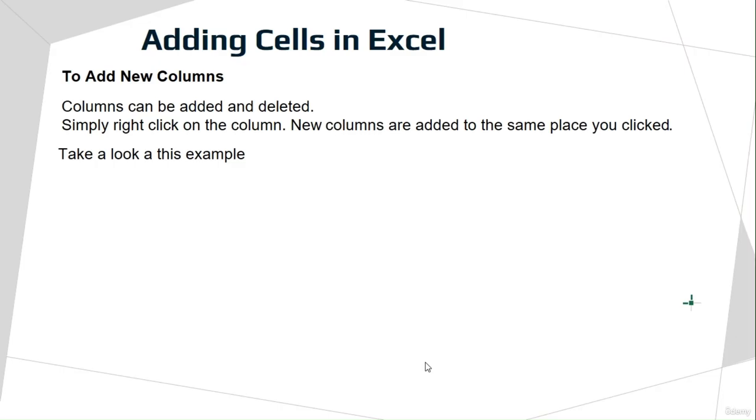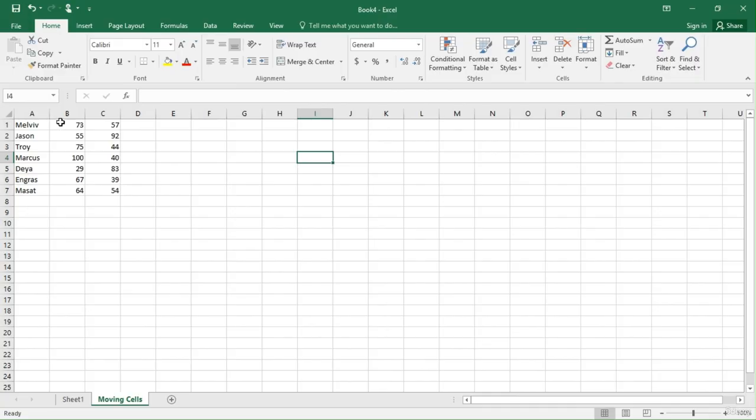Let's take a look at this example. Using the same data, for example, if you want to insert a new column in the B position, all you have to do is to simply highlight the column B. At this point, you should be familiar with how to select a column.